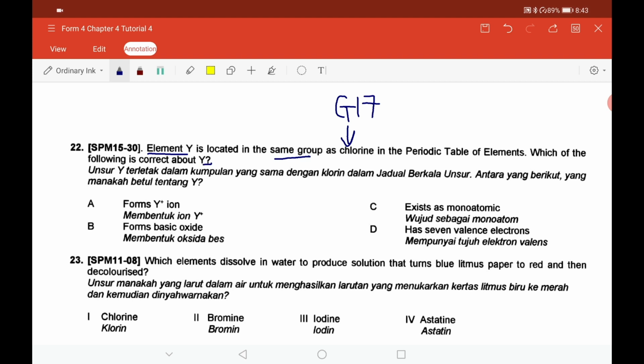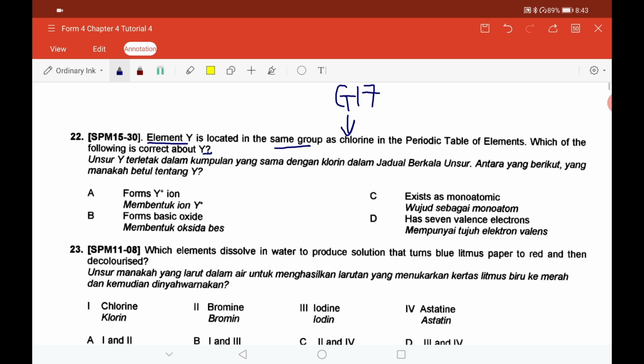Since we know element Y is in group 17, we will choose all the properties related to group 17. Answer A says it forms the ion Y plus. This is wrong because group 17 has 7 valence electrons.